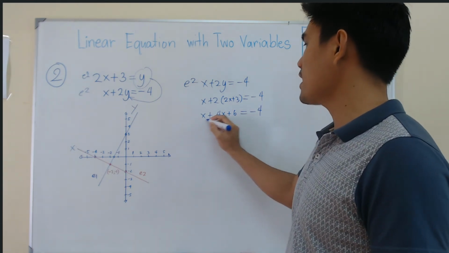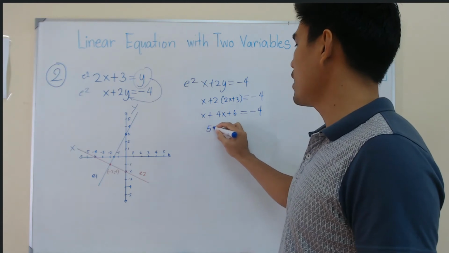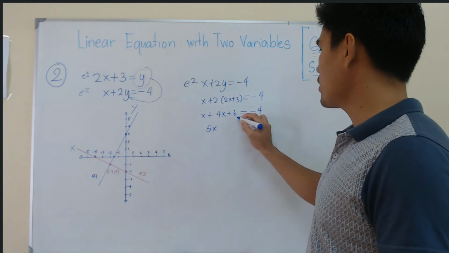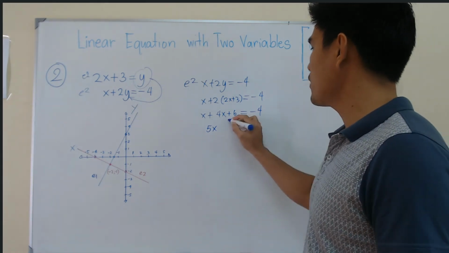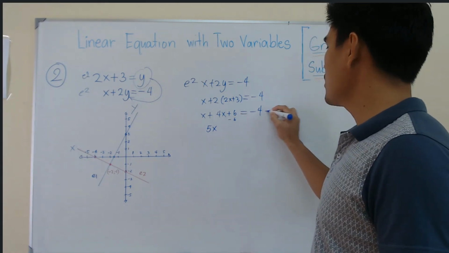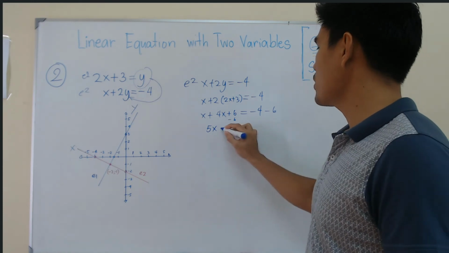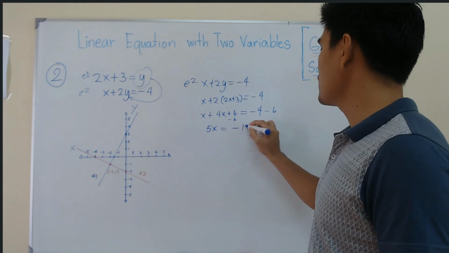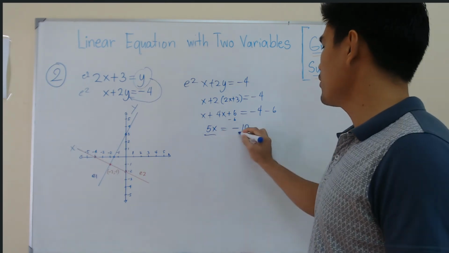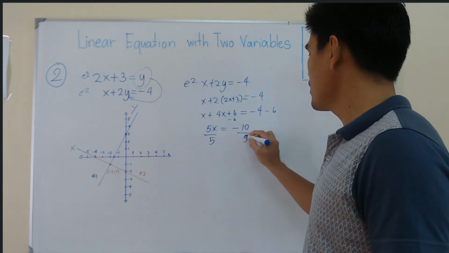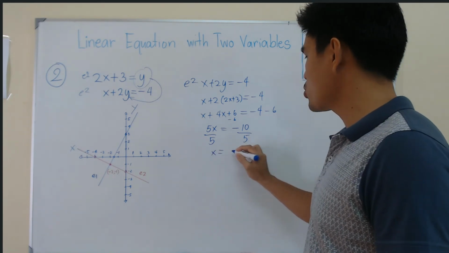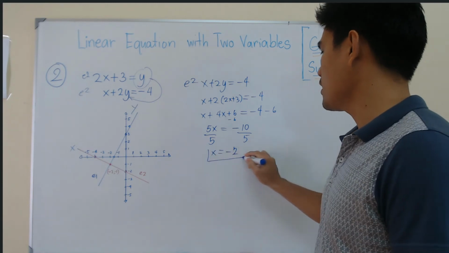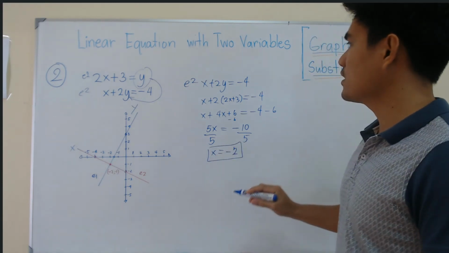Combining like terms, x plus 4x is 5x, and then 6, we are going to move 6 to the other side, so we have minus 6, and here minus 6, so it is equal to negative 10. So we will divide both sides by 5. So we have x is equal to negative 2. Okay, so x is negative 2.